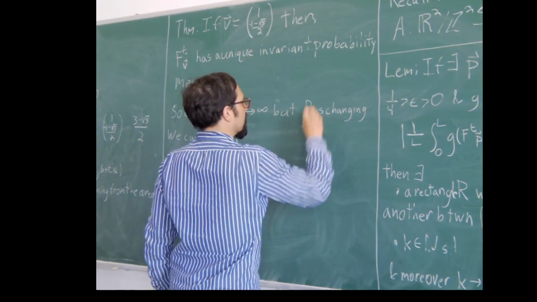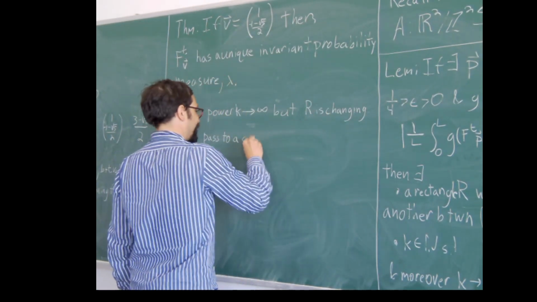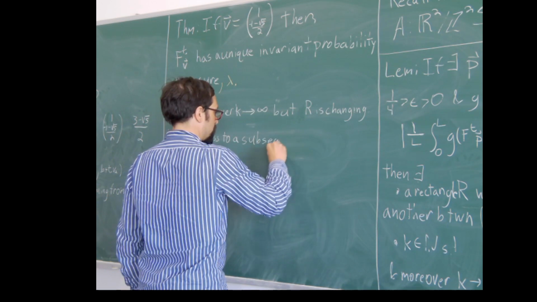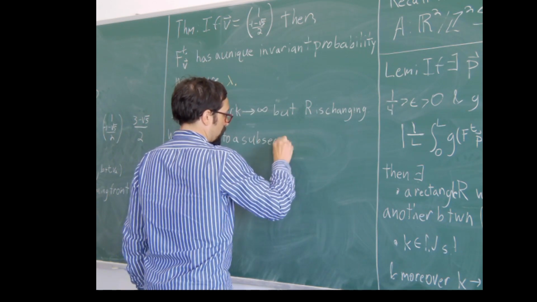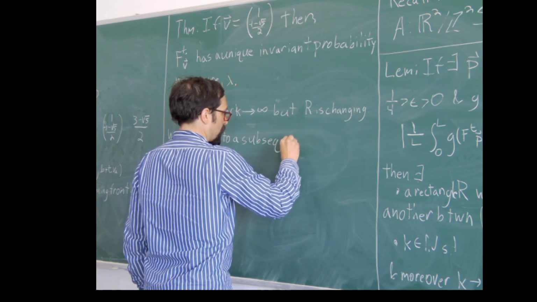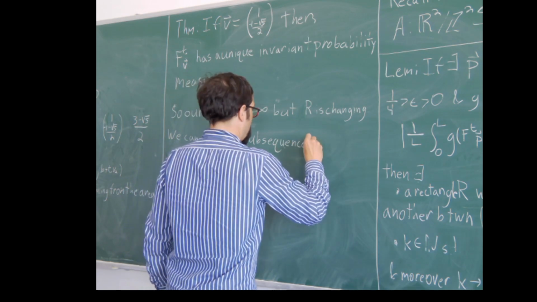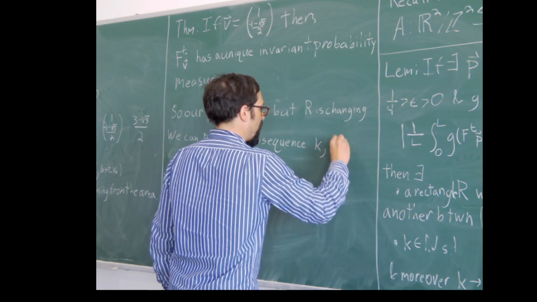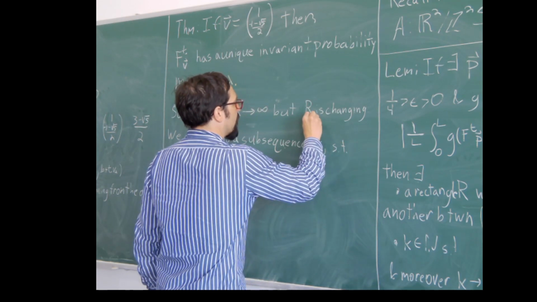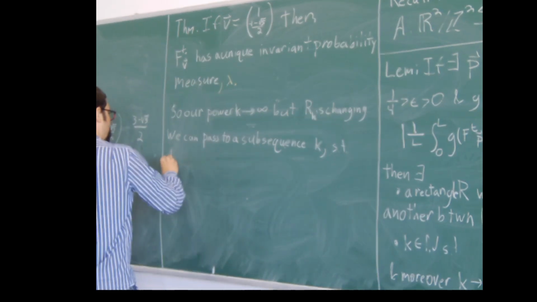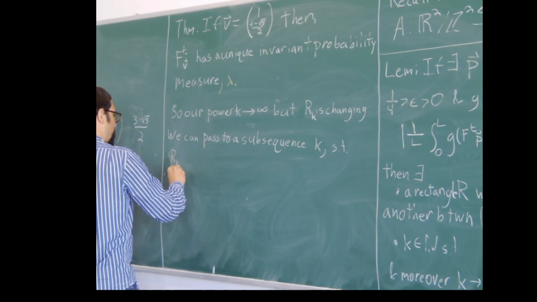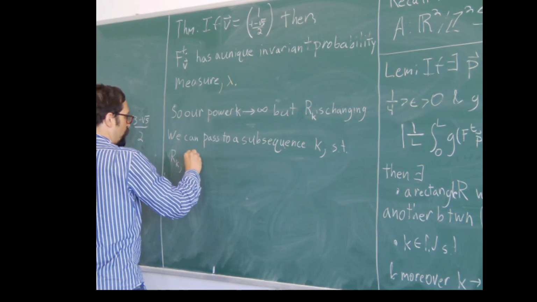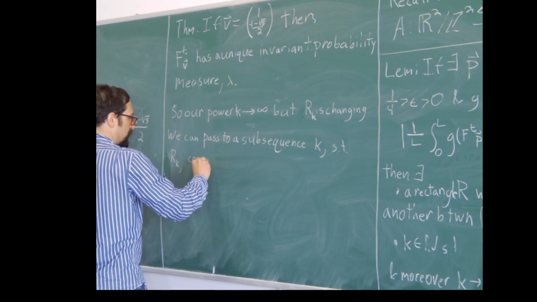Rectangles are a subsequence K sub j, so that I want to make the dependence clear on my rectangles here, so that my R sub K sub j converge to a rectangle.